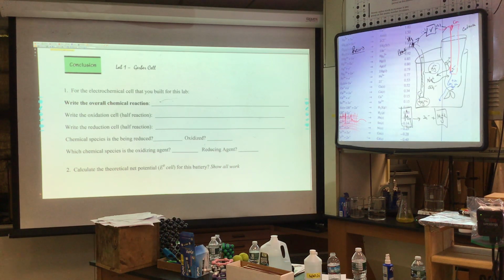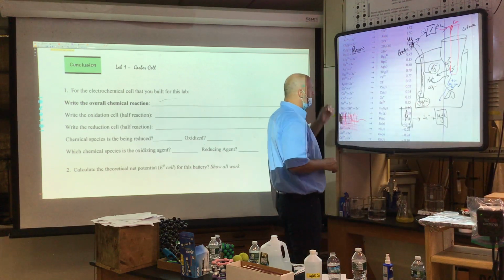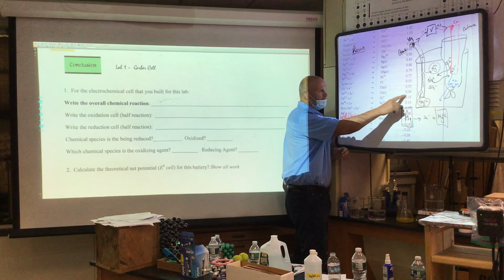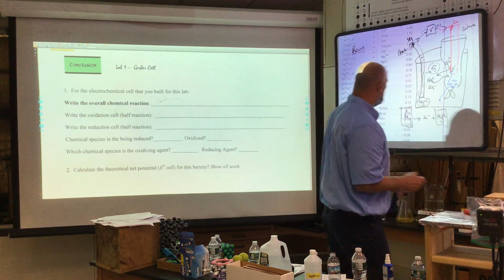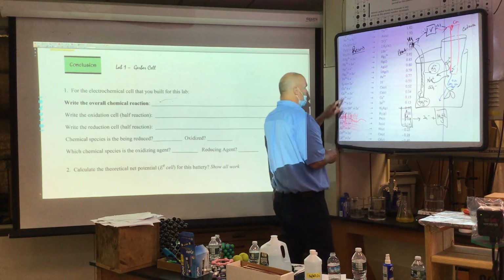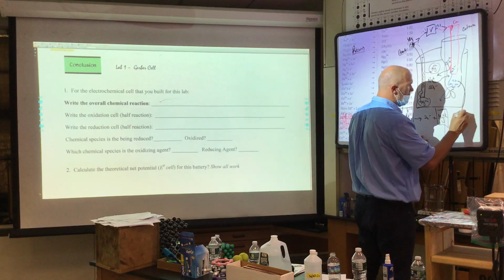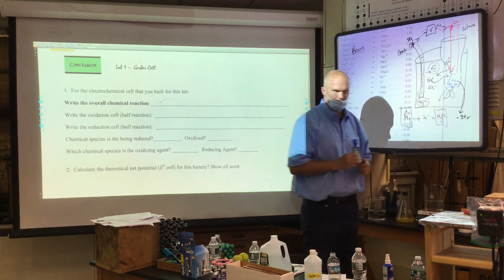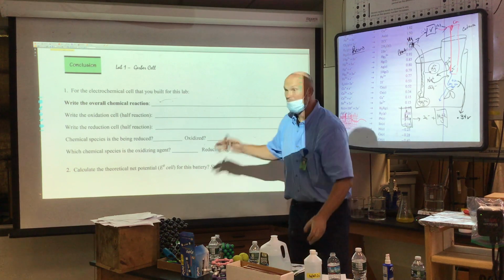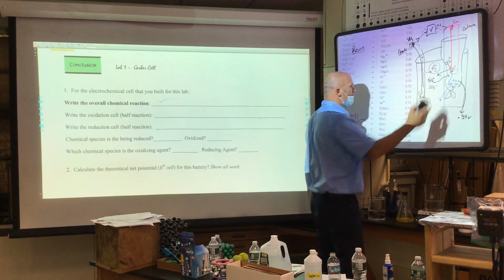For those at home, it's hard to see, but if you look at your standard reduction potential table, copper 2+ gaining 2 electrons is positive 0.34. So that's it right there. I keep it as written because that is my reduction. The table's written as reduction, so I always keep that. So that's my reduction half cell there.